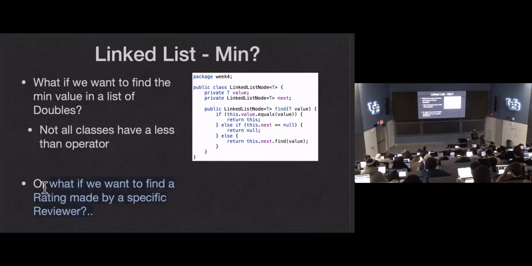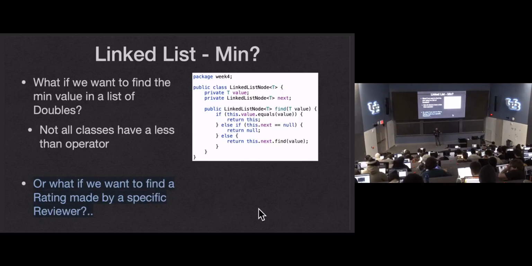And more to the point, how are we going to do this with a linked list of ratings? I have a song with a linked list of ratings, and I need to find a rating that was rated by a specific reviewer with a specific reviewer ID, which is part of task 3, if you haven't read that one yet.